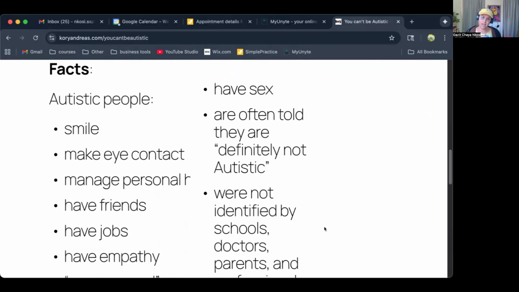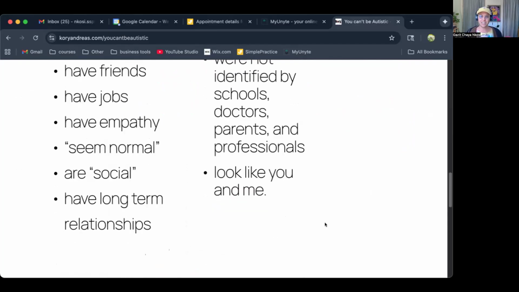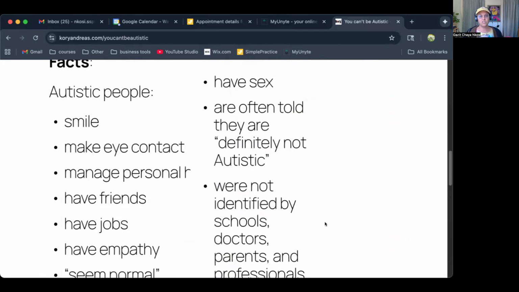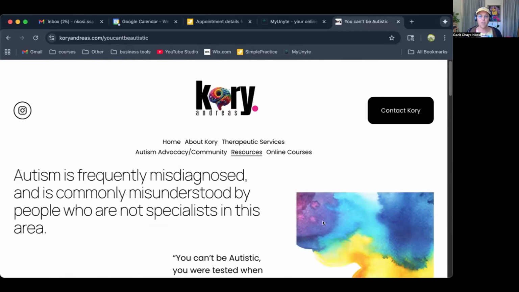Autistic people smile, make eye contact, manage personal relationships, have friends, have jobs, have empathy, have sex, and are often told they're definitely not autistic. We're not identified by professionals, look like you and me, seem normal, are social, have long-term relationships, etc. So there are a lot of myths out there because there are a lot of presentations that have not been acknowledged over the course of recent history.